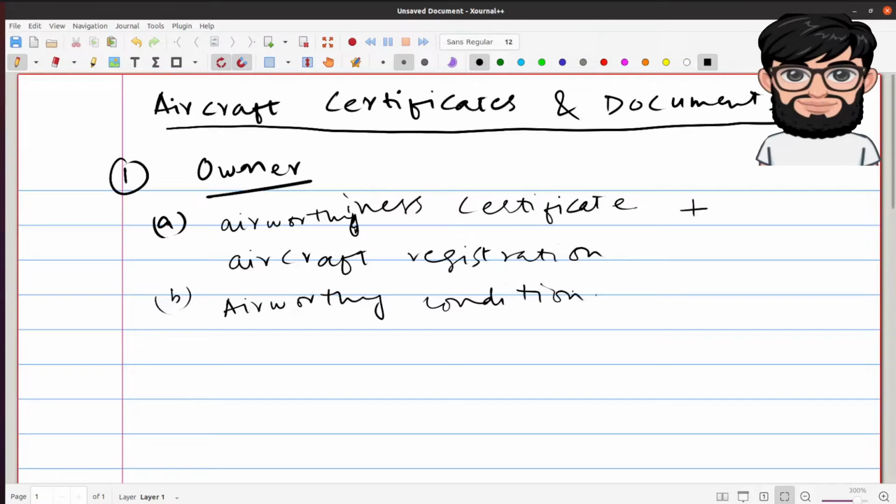So one is having the certificate from the FAA, and the other is that you need to have all the maintenance and everything in order to keep the aircraft in an airworthy condition. Then you also need to have the records of all the maintenance you did in order to keep it airworthy.